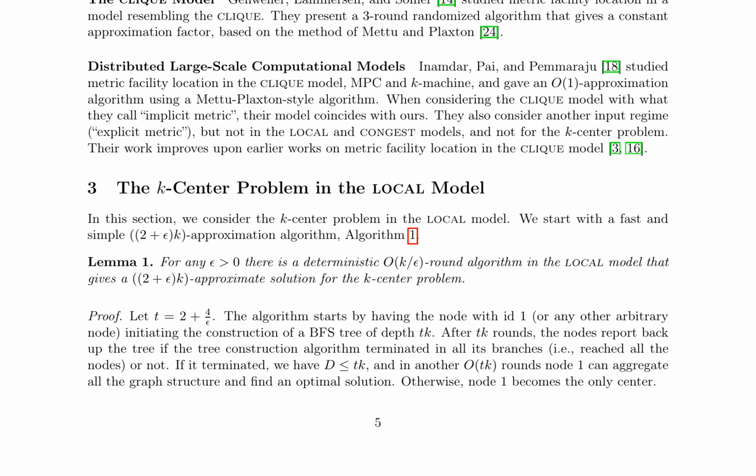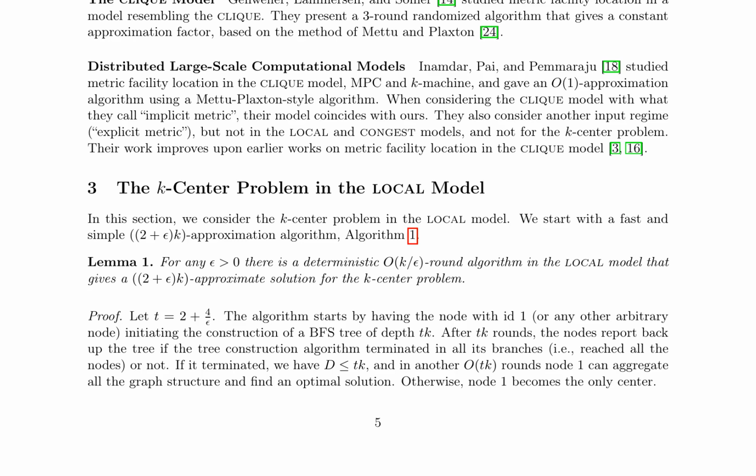In contrast, the metric facility location problem has garnered more attention in distributed settings. For instance, Briest et al. [4] studied metric facility location in the CONGEST model, focusing on a bipartite graph with facilities and clients. Gehweiler et al. [14] presented a 3-round randomized algorithm that gives a constant approximation factor for metric facility location in a model resembling the CLIQUE, based on the method of Mettu and Plaxton [24].